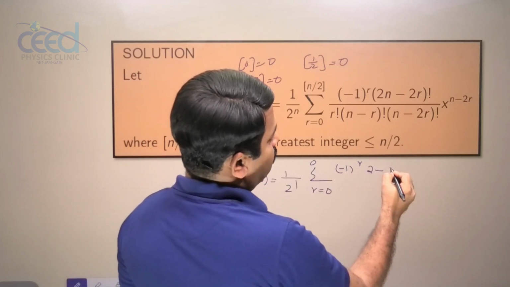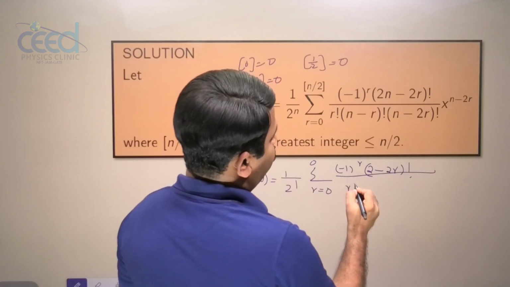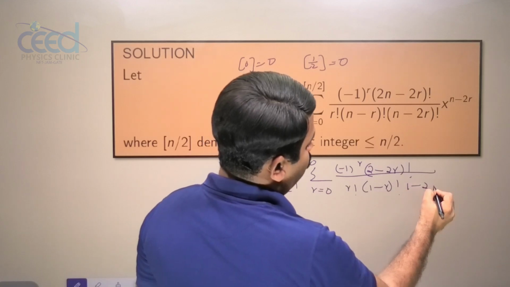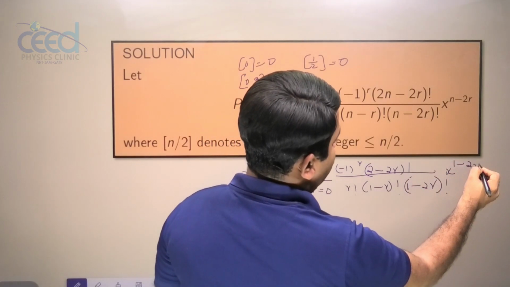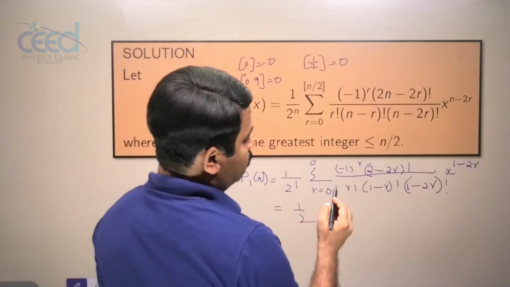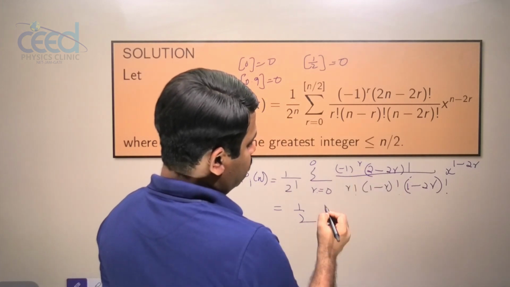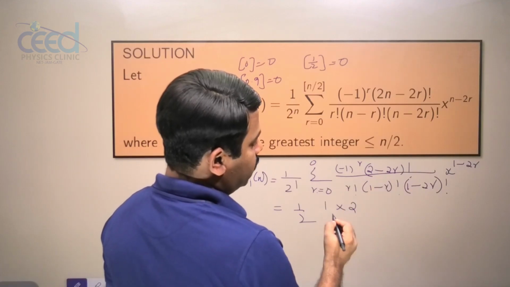Then 2 minus 2r factorial, r factorial, 1 minus r factorial, 1 minus 2r factorial, x raised to 1 minus 2r. Now put the r value: 1 by 2 into, with r as 0, here 1. Here 1, here 2 minus 0 factorial, that is 2 factorial, that is 2.